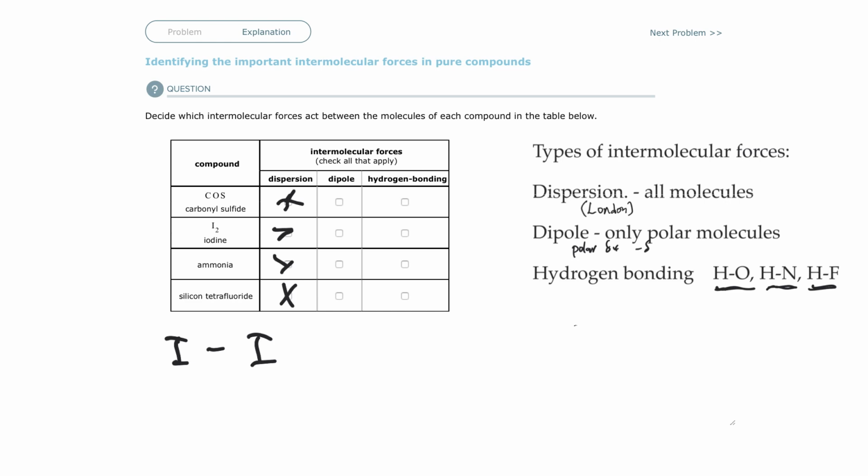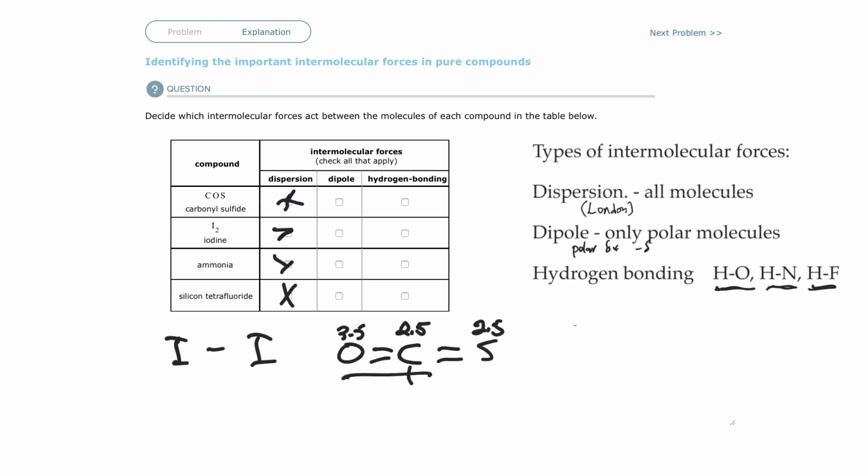Carbonyl sulfide is a carbon in the middle with a double bond going to an S and a double bond going to an O. Okay, so if you look at the electronegativity, there's a tug of war going on here. Which one is winning? You have to know what the electronegativity is. So I looked this up. Carbon is 2.5, sulfur is 2.5, and oxygen is 3.5, which means oxygen is winning.